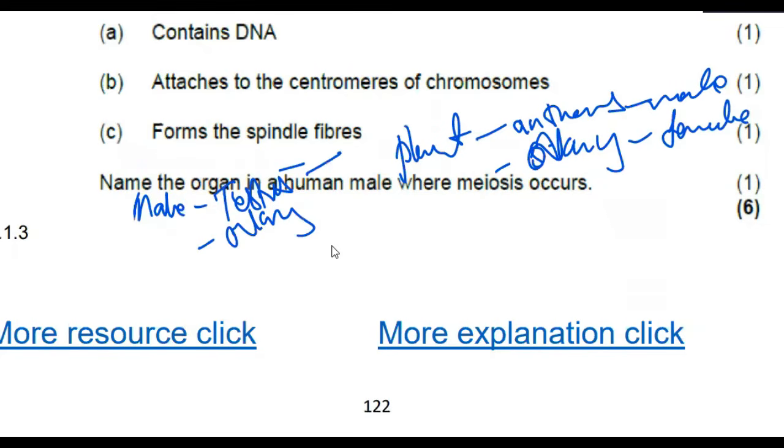So here they produce sperms, they produce ovum or ova. Here they produce pollen grain, while here they produce ovules. So basically that's a simple illustration of meiosis occurring in plants and also in animals.